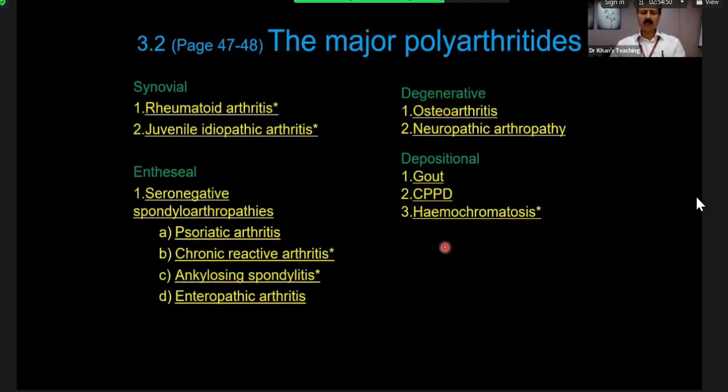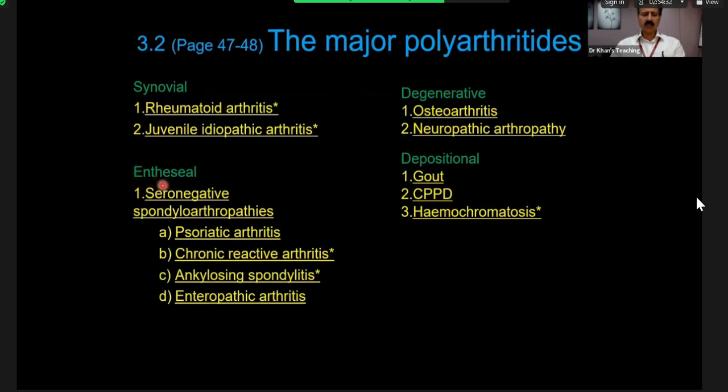So let us have an overview of this chapter, the major arthritides or the major problems which we will learn today. As far as synovial is concerned, we'll see rheumatoid arthritis and then JIA.